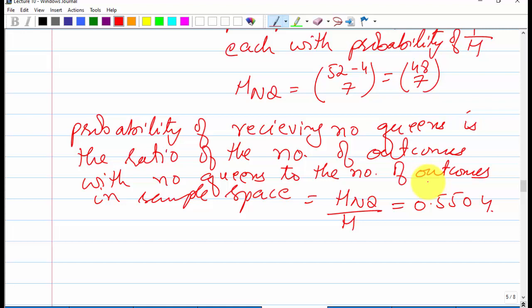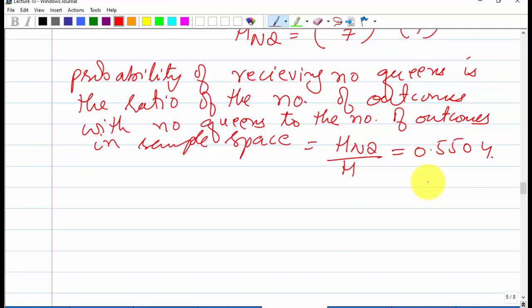There is another interesting method to look at this problem, which is making a tree. How can we make the tree? We have 4 queens actually. On the first draw, the probability of getting a queen is 4 over 52, and the probability of no queen is 48 over 52.